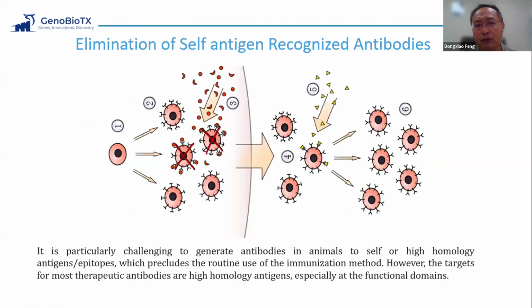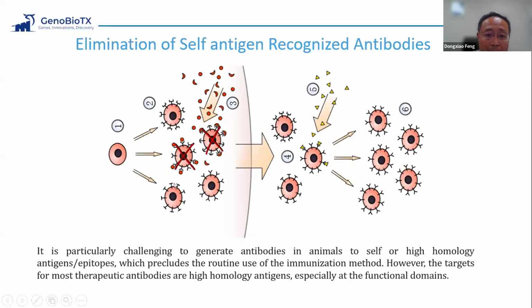For therapeutic purposes, a lot of the antigens that we want to use to immunize the mice are very conserved reagents. Sometimes even in the mouse, human or rat have very high homology. But no matter whether it's human or mouse, they have a mechanism to eliminate the antibodies against self-antigens.